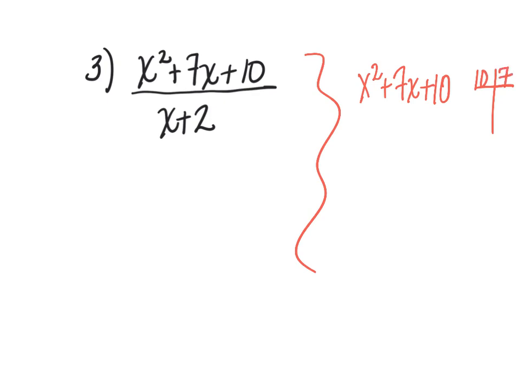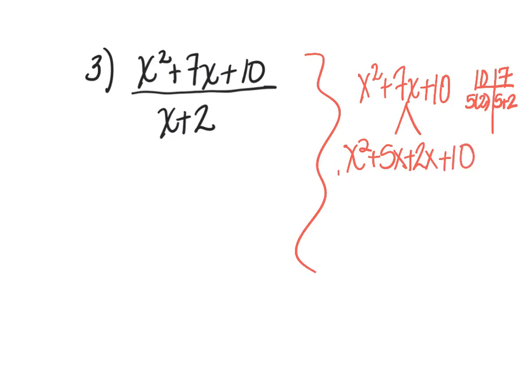So I'm looking for factors of 10 that add to 7. So that's going to be 5 times 2 because 5 plus 2 is 7. So I'll split up B into x squared plus 5x plus 2x plus 10.